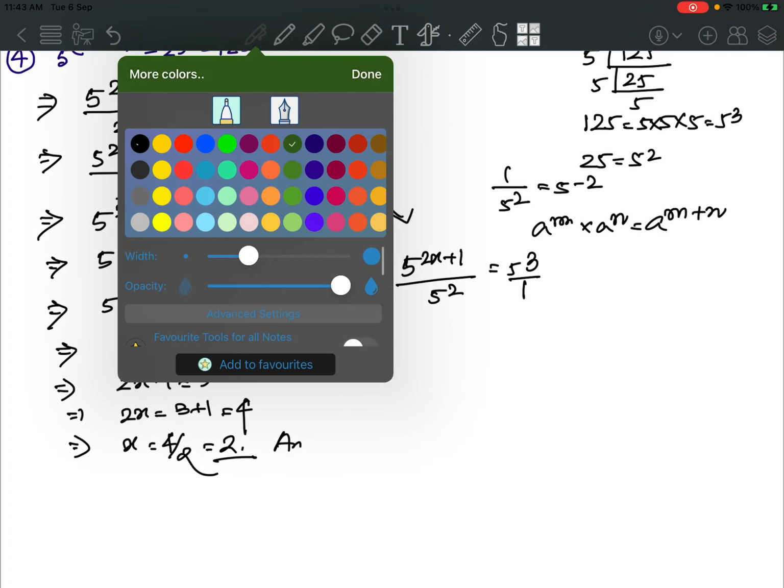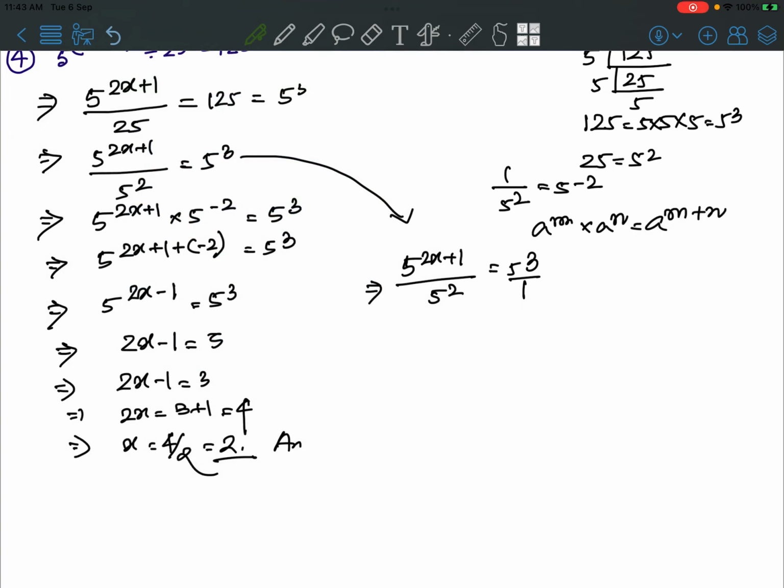How are we going to do the cross multiplication? 1 will be multiplied with 5 to the power 2x plus 1, and 5 square will be multiplied with 5 cube. That means 5 to the power 2x plus 1 equals 5 to the power 3 into 5 square. So as the base is equal, the powers will be added. Then 3 plus 2, that means 5 to the power 5.